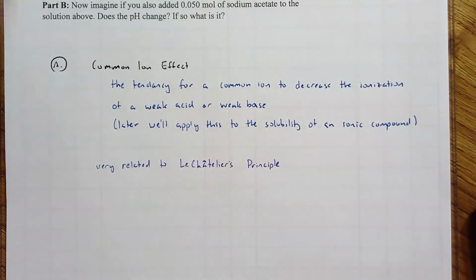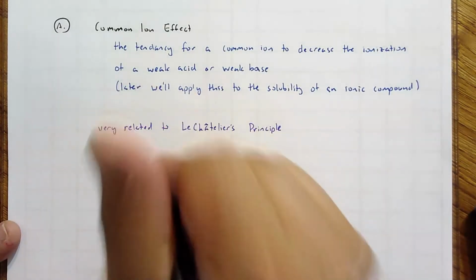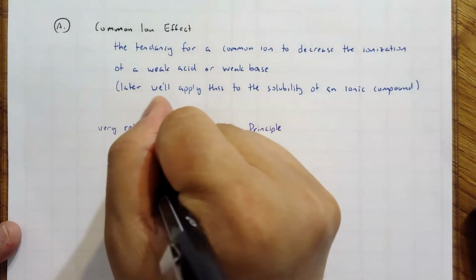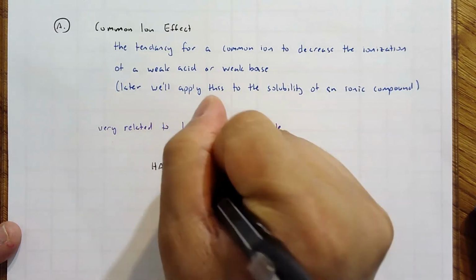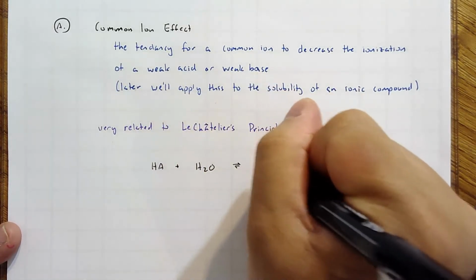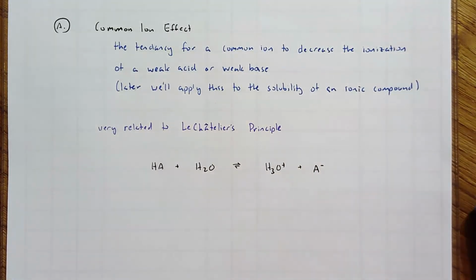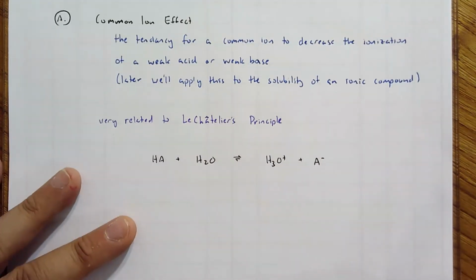Let's take a general equation of a weak acid. Let's say we have HA plus water in equilibrium with the hydronium plus this A minus. So this A minus is potentially a common ion.